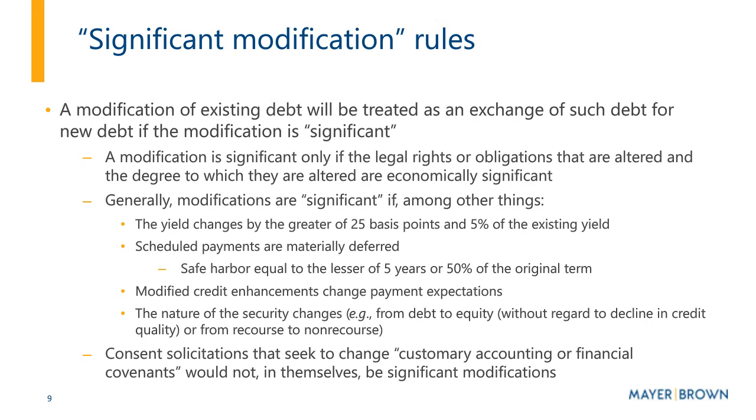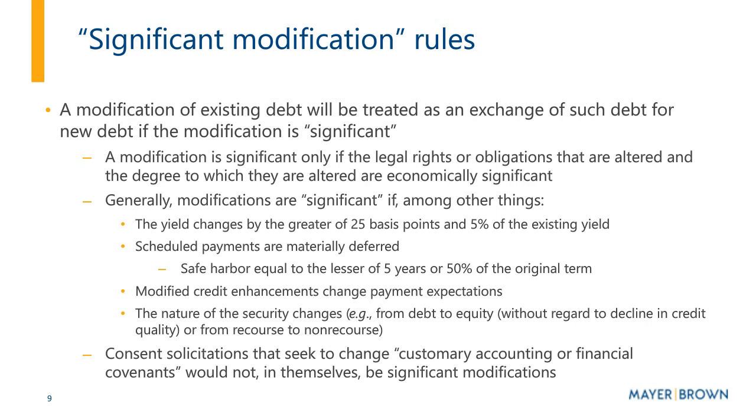So, for example, if the instrument shifts from being debt for tax purposes to being equity for tax purposes, or from recourse to non-recourse. And note that one helpful point here is that in making the determination of whether the new modified instrument is debt for tax purposes, any decline in the credit quality of the issuer is generally ignored. So you would look to the credit quality at the time of the issuance of the original instrument.